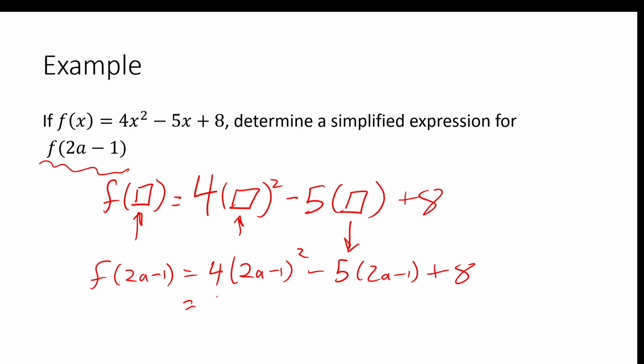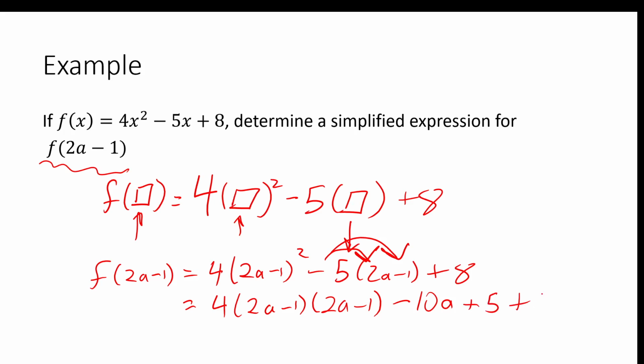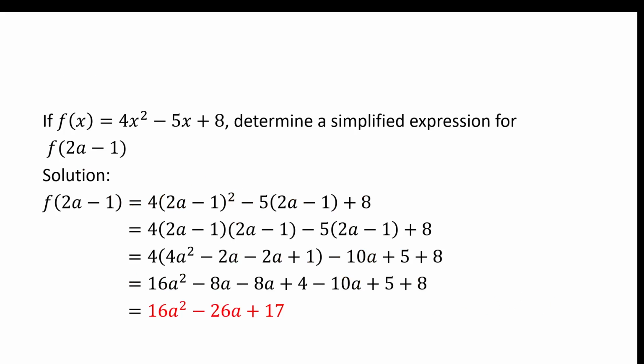And then what we have to do is just make sure we put those 2a minus 1s next to each other, the ones that we're expanding out. We want to distribute that negative 5 in here. And then we'll be in a position where we can actually just expand and collect like terms. And we'll show that on the next slide.